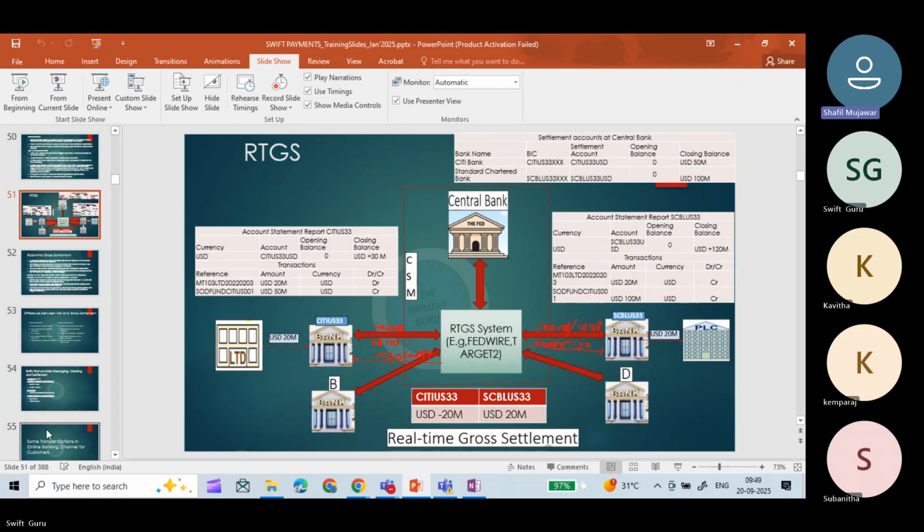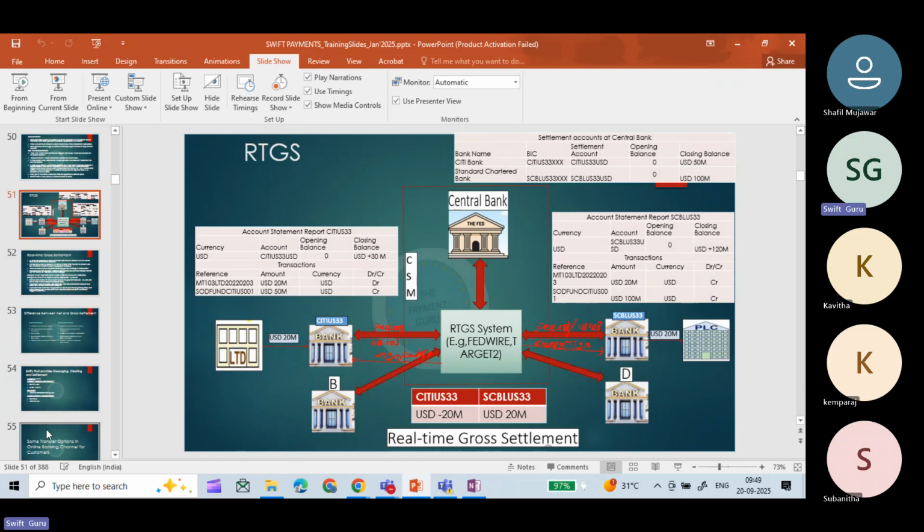I have a question. In India, RTGS, all the banks need to maintain different accounts for each payment system. Is it like NEFT, they need to maintain one for each? Yeah, good question. For RTGS, they need to maintain one at the central bank.